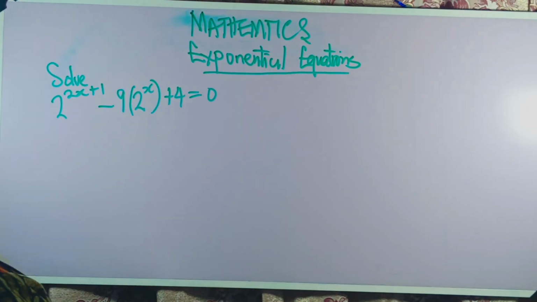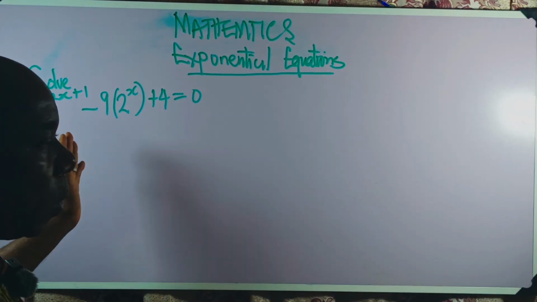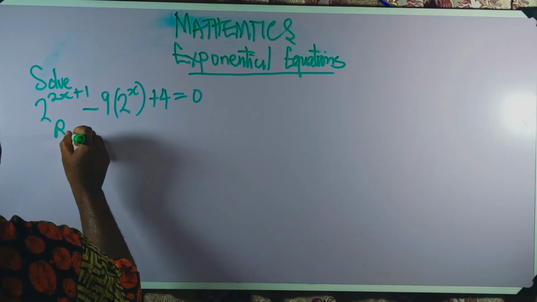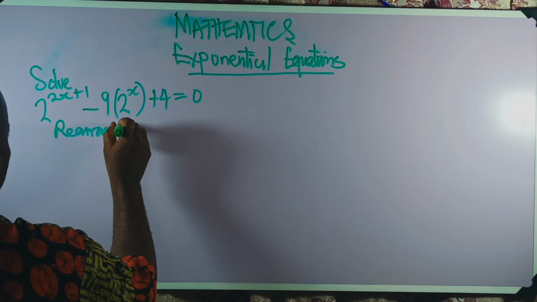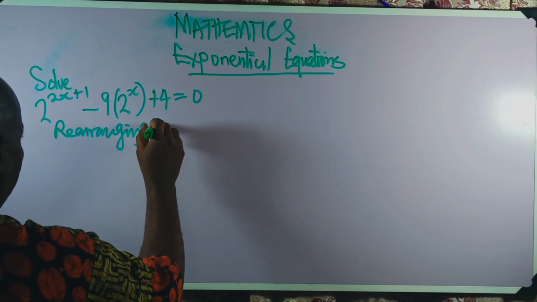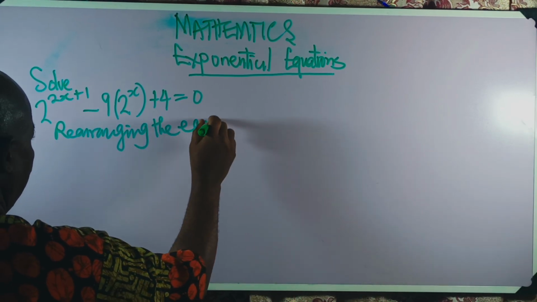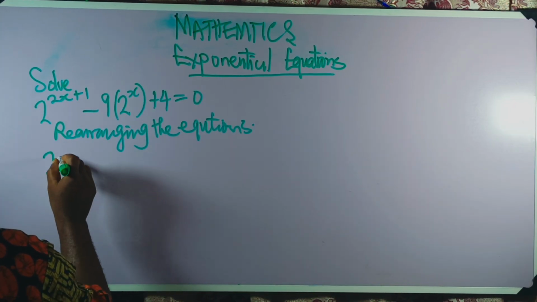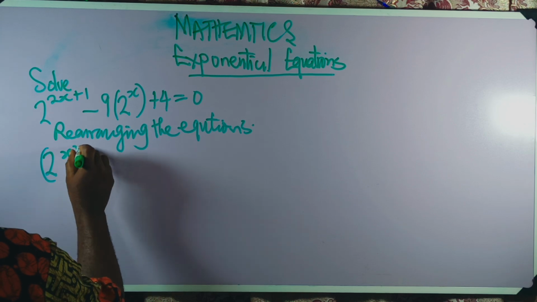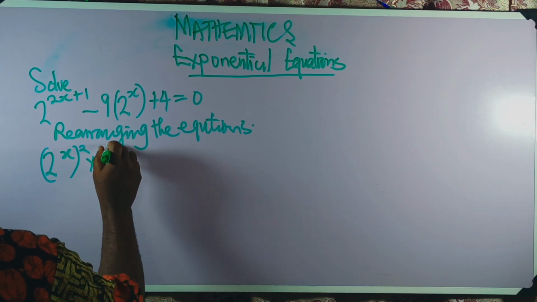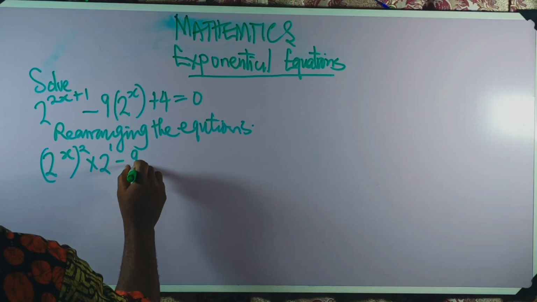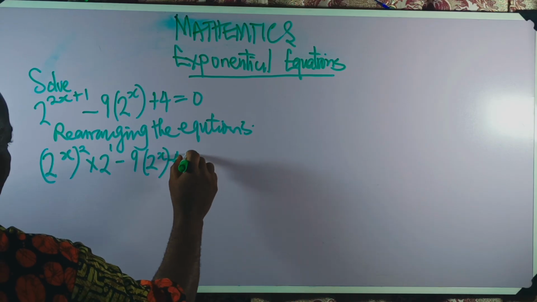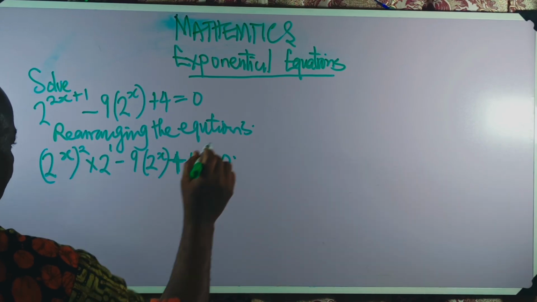So in this case, we can start by rearranging the question as this: 2 raised to the power x all squared times 2 raised to the power minus 1 minus 9 times 2 raised to the power x plus 4 is equals to 0.